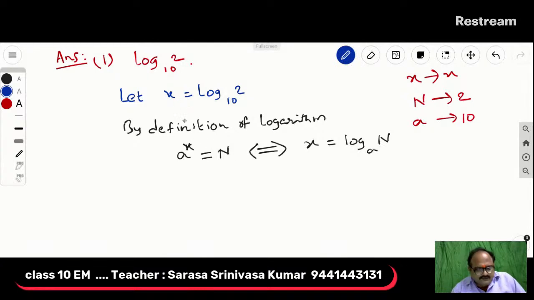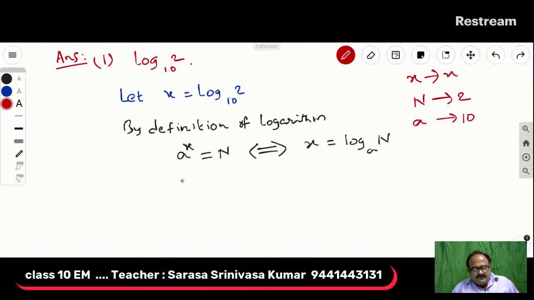Now let us come to this discussion. We can write this in the form a to the power of x equal to n. What is a? A equal to 10, n is 2, and in place of x we can write x.